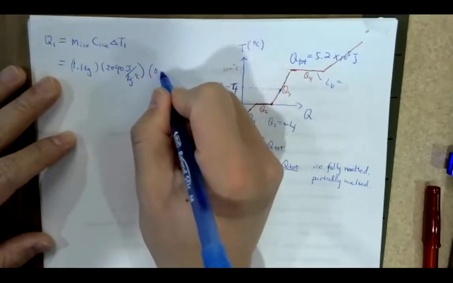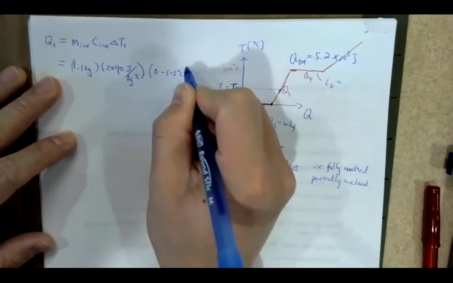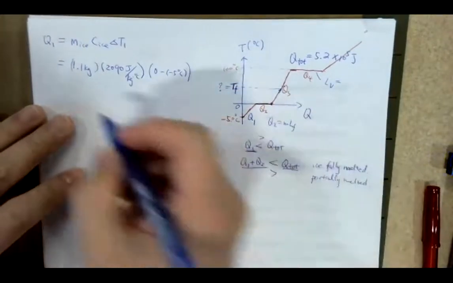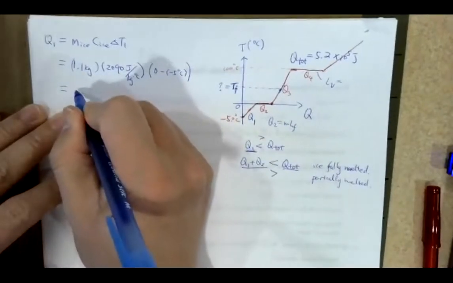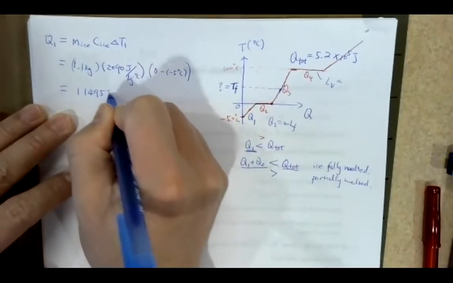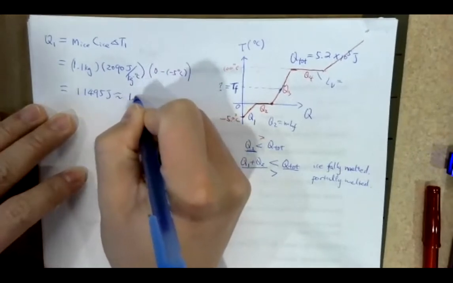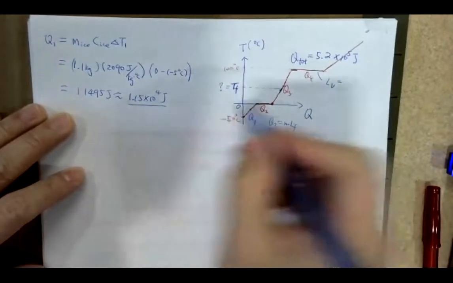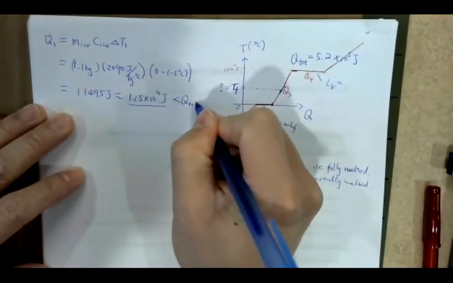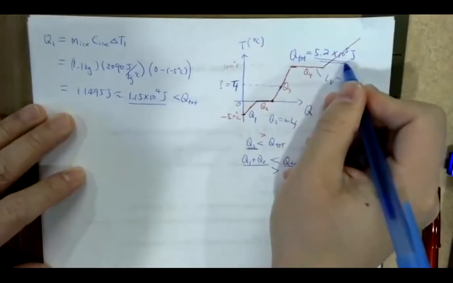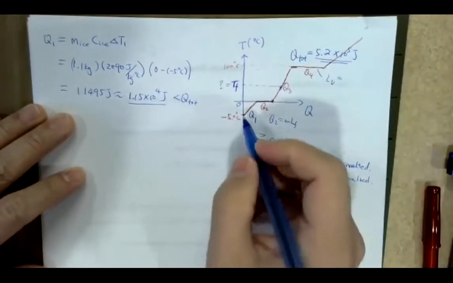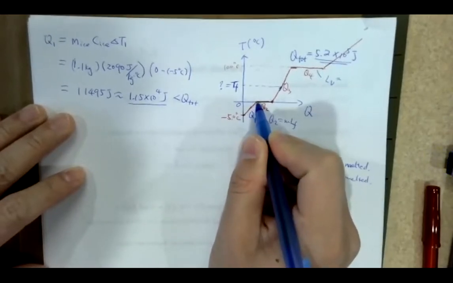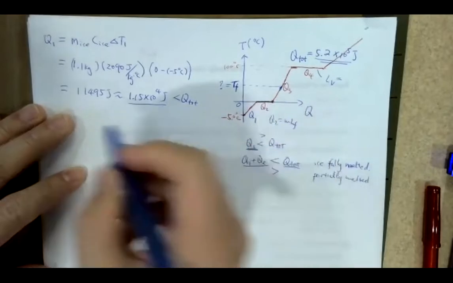Delta T will be 0 minus -5. Okay, so 0 is the final for this process, -5 is the initial. So this would be 11495 joules, or roughly 1.15 times 10 to the 4th joules. Okay, so this is less than the Q total of 5.2 times 10 to the 5th. Okay, so that means the temperature of the ice will rise to 0, and then it will undergo phase transition.